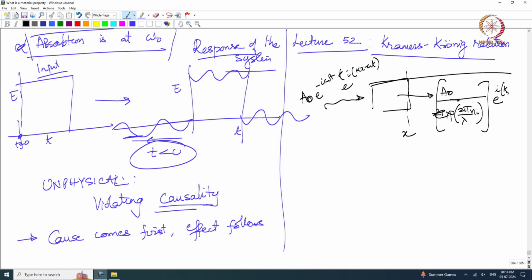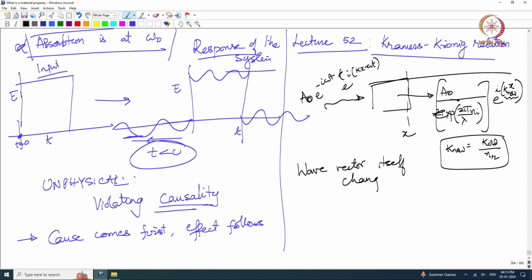Now, k', right. I am modulating the k. So what is the new k? The new k' is equal to the older k vector divided by n_R. So the wave vector itself is modulated inside the material.